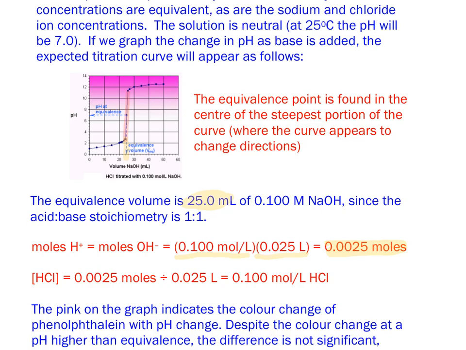So to find the concentration of hydrochloric acid, we know what the number of moles is, and we also know the volume from that graph. So if we divide them, we get a 0.1 molar solution of hydrochloric acid.